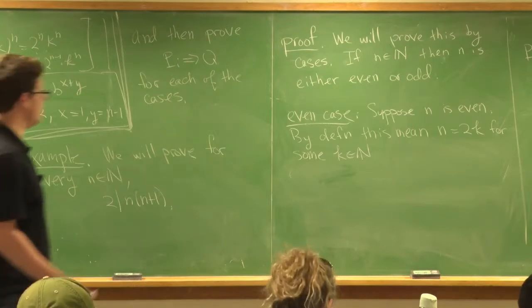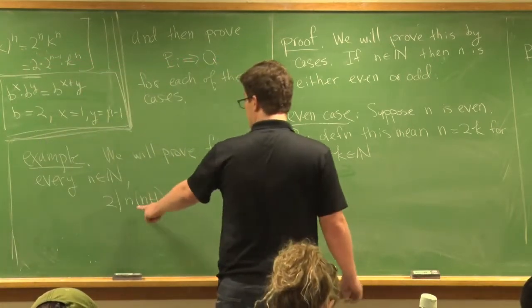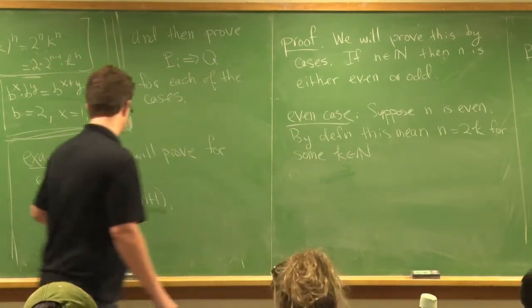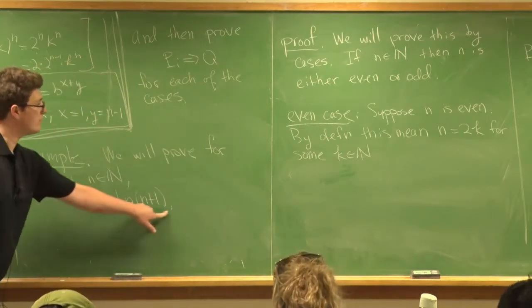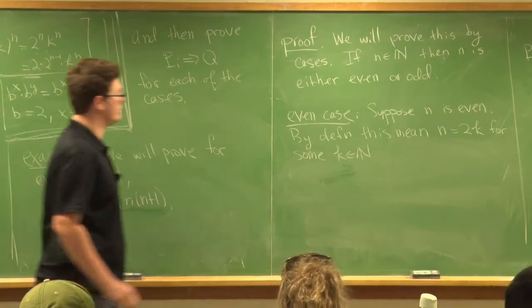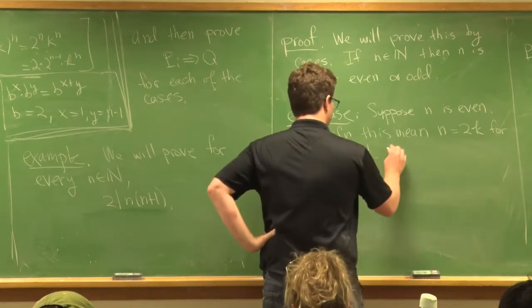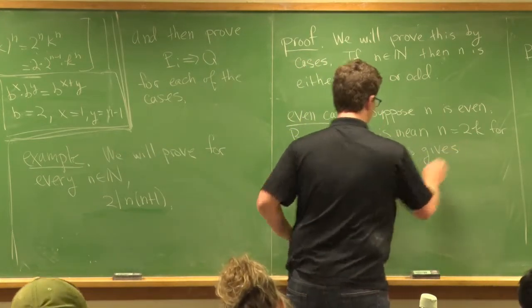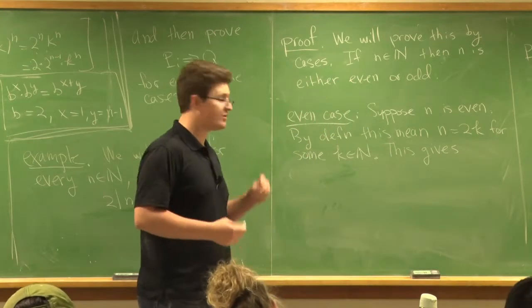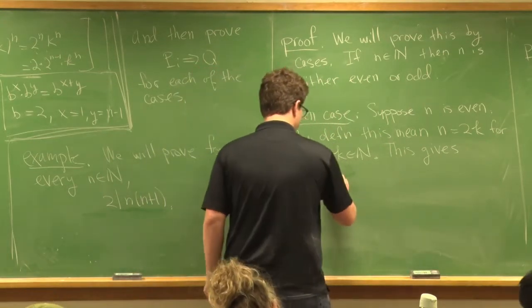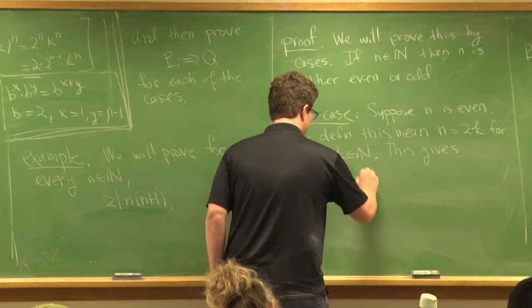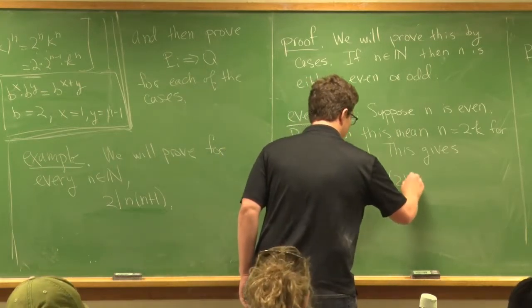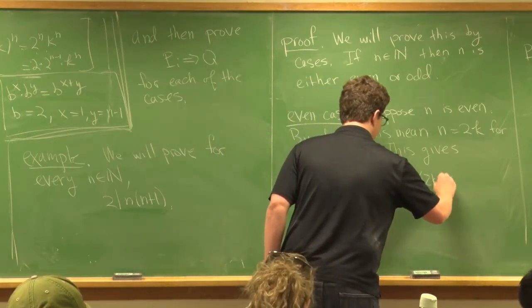So now what do we want to do? We want to look at the thing that we're trying to conclude. So let's write down what this thing is. This gives the following, and now I'm going to do another string of equalities. I'm going to show that 2 divides n times n plus 1. So this is 2k times 2k plus 1.